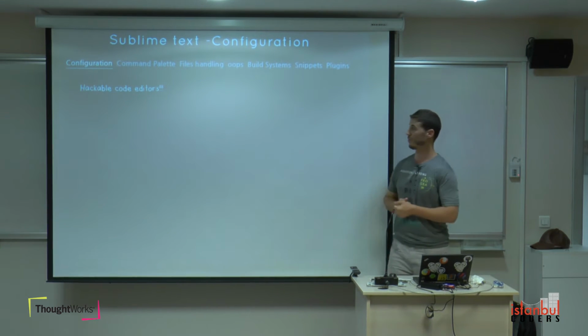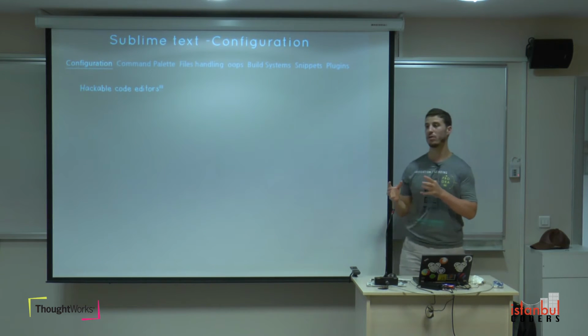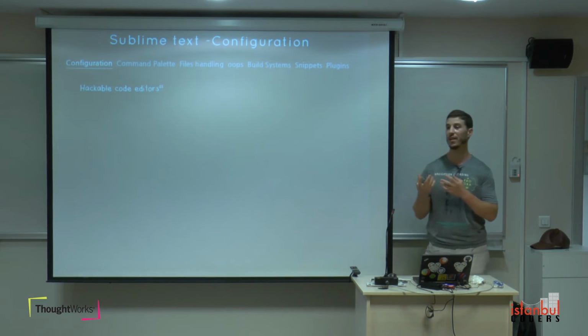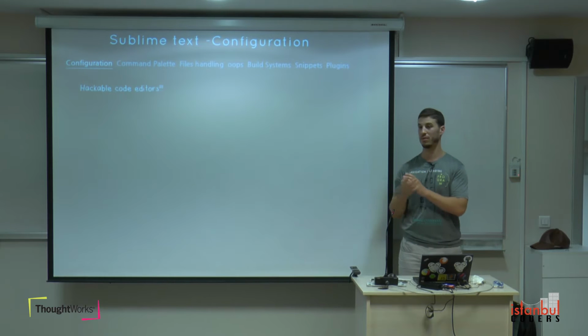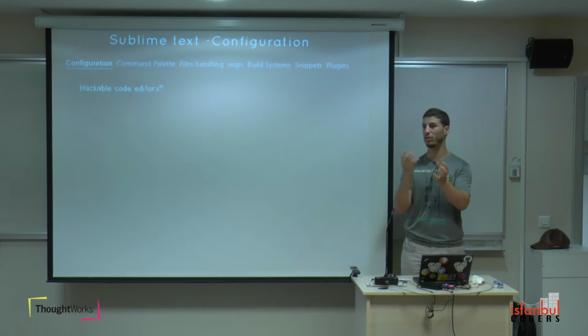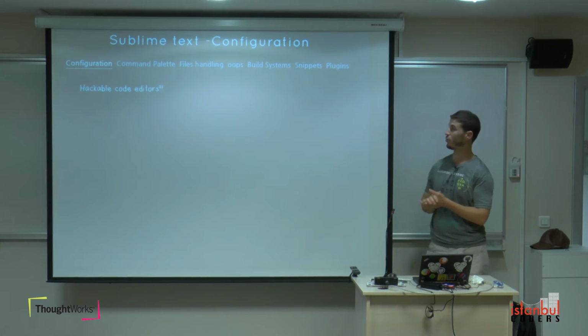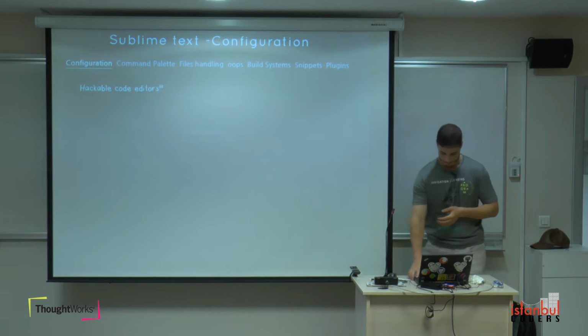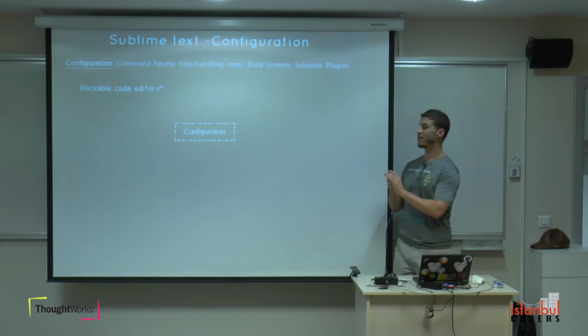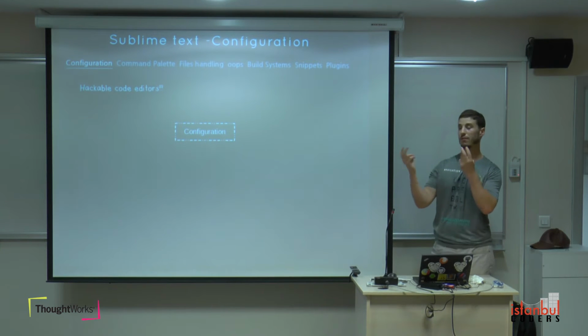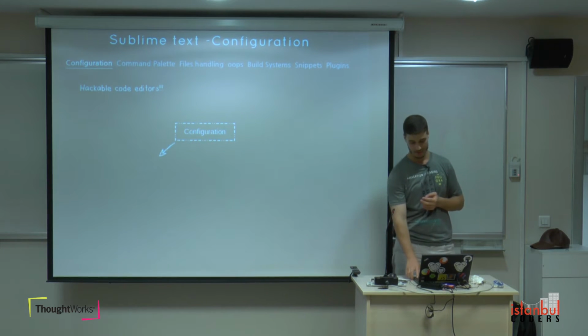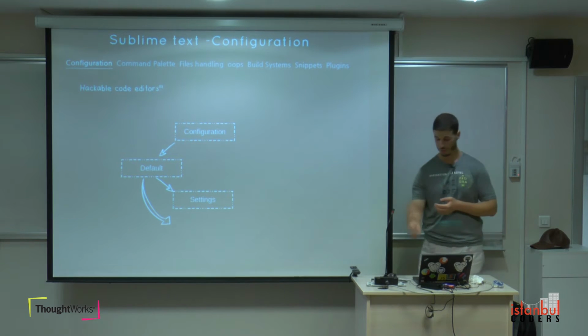Yes, this is the configuration. Let's talk a little bit about the configuration. SublimeText is one of the editors that's hackable. Hackable meaning everything is configurable. You can modify it and play around with it, okay? And I'm going to show you in a few moments. In the configuration, there are two kinds of configuration. There are the default configurations, which are also of two types.